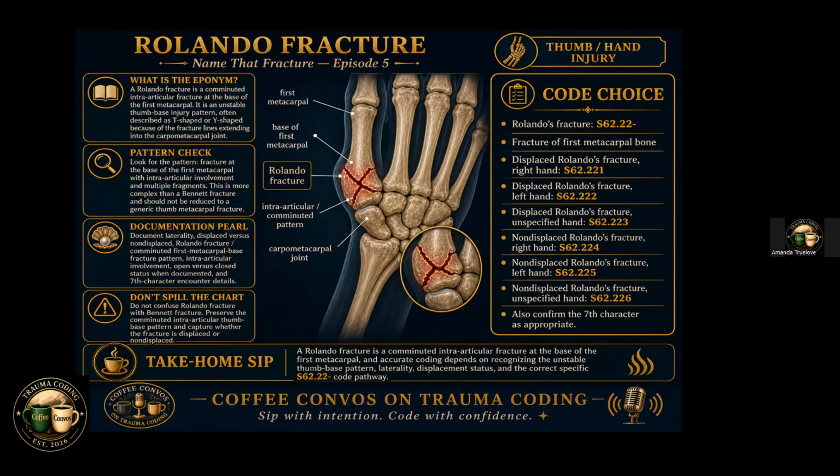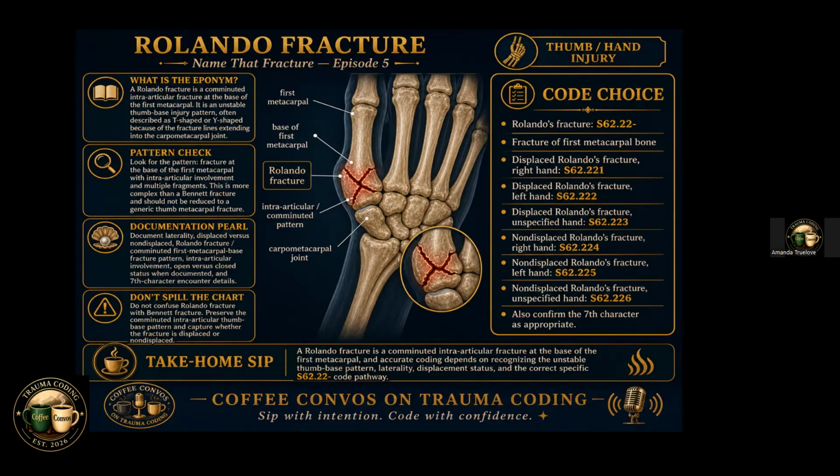And very importantly, you have to have that comminution for that fracture pattern. So there's multiple pieces of the bone. Look to see if you've got displacement or not, and then whether this is an open fracture pattern or not. Is this an open type wound, open fracture? And if there's any associated carpometacarpal instability present.